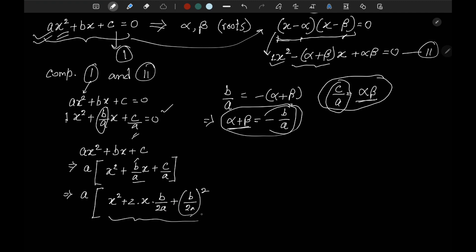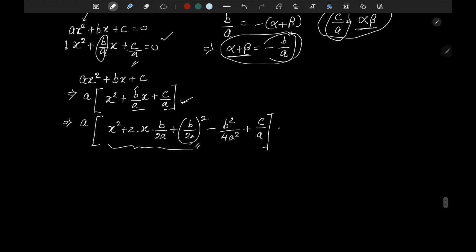Up till this we have a whole square term, but we don't have this term present here, so we will have to subtract this one. It will be minus b square by 4a square, and then we will have plus c by a as it is. Okay, now if this is equal to 0, we will have (x plus b by 2a) whole square plus c by a minus b square by 4a square equal to 0.